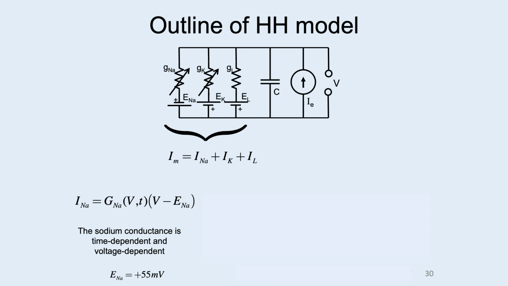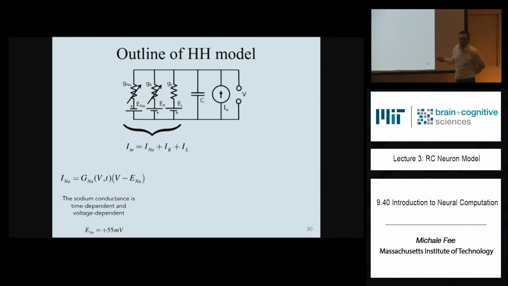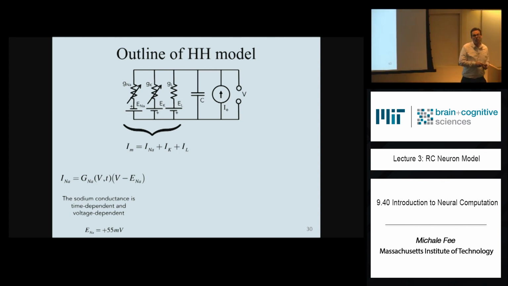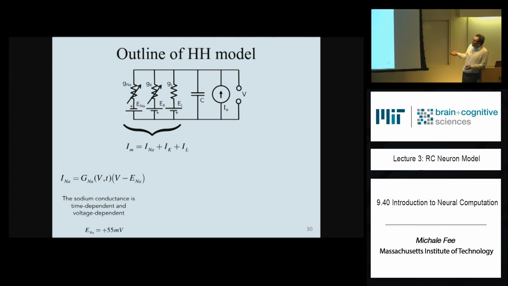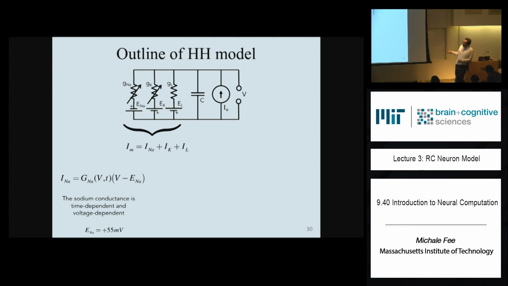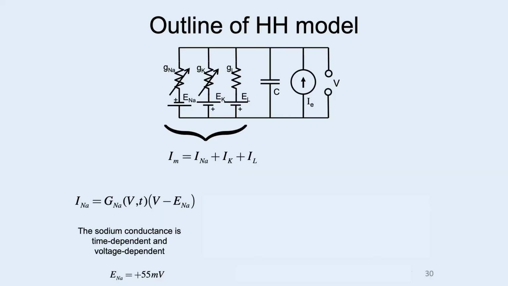Now, each one of these currents can be written down in the same form that we developed before for our potassium conductance. So the sodium current is just a sodium conductance times what? What is that? Driving potential, right?